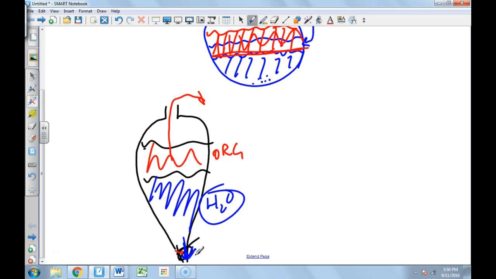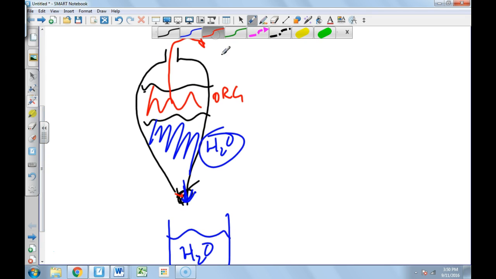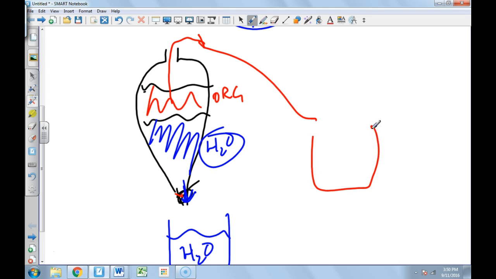So now what you have is a container that has the water layer in it, and a container that has the organic layer in it. And now you've separated the water, the junk, from the organic.